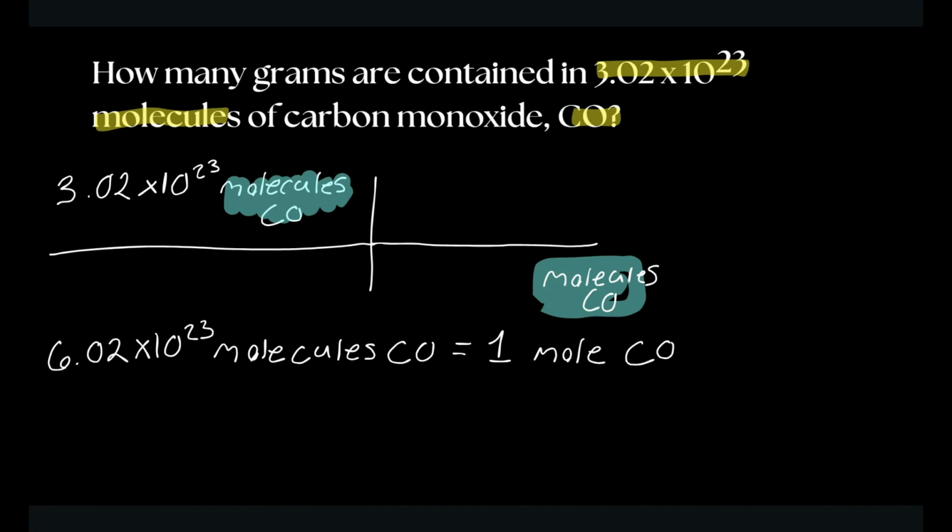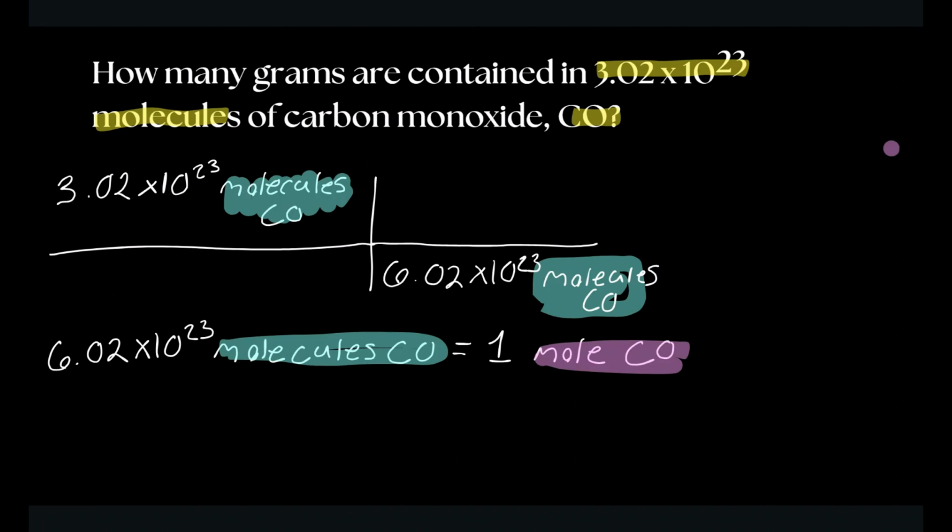We have the molecules of CO, which means this number will go into the bottom right corner, 6.02 times 10 to the 23rd. That is equal to our 1 mole of our CO, which will go on top. So this will be our 1 mole of our CO.